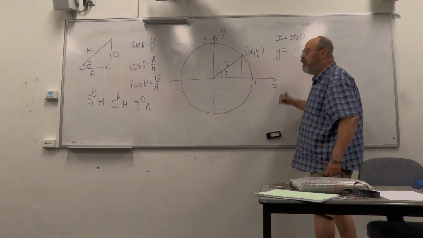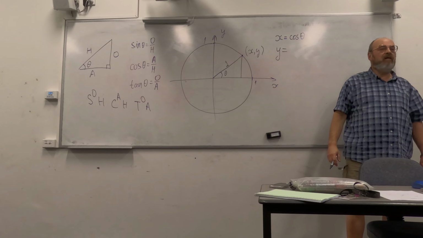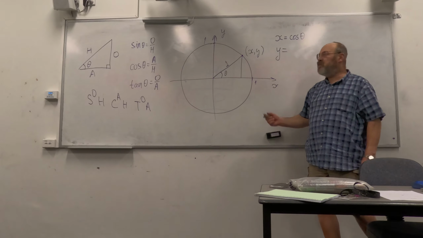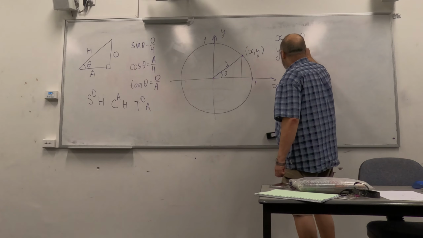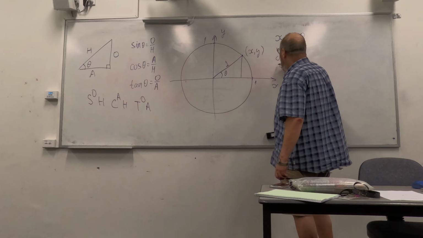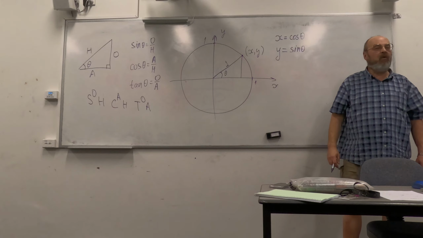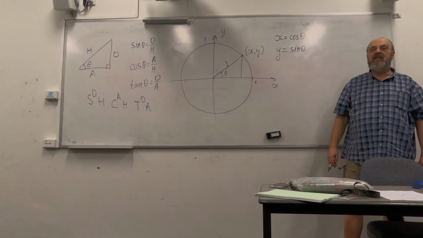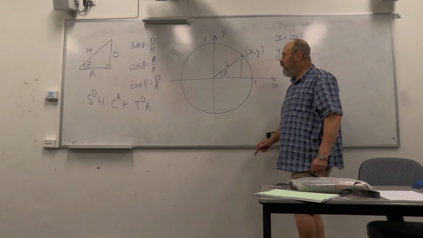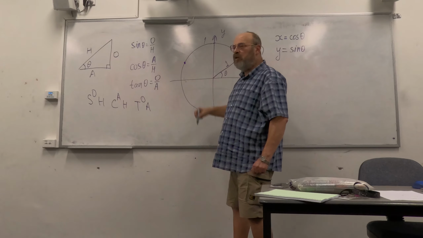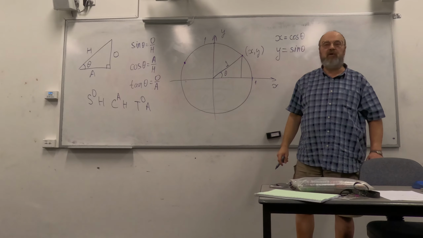In the same way, we can see that y equals sine theta. And so that's how we can now define sine and cos of any angle if we have any point on the unit circle.